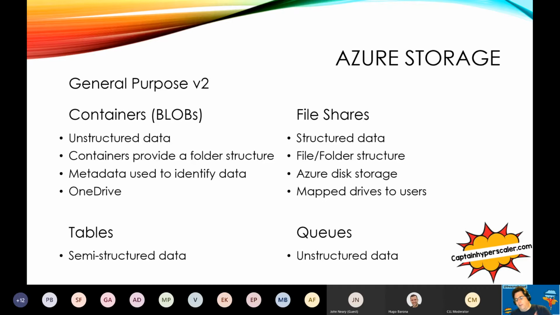When you mount a disk, it's going to use file storage, so it looks and feels like how you would handle a file server in your environment, and it allows you to map drives to users using the SMB 3.0 protocol. So you have the ability to utilize file shares and create a file server type structure rather than standing up file servers within your environment.